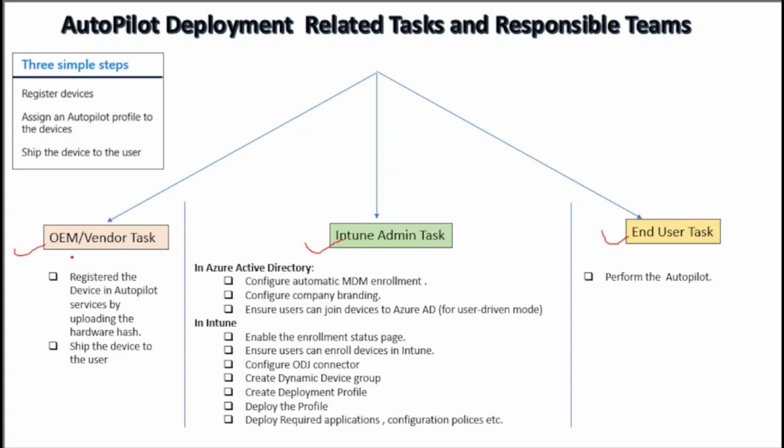With respect to the vendor task, the vendor is going to register the device in the Autopilot service by uploading the hardware hash, and then they are going to ship the device directly to the user. With respect to the end user task, the end user needs to perform the Autopilot. They need to provide the username and password, and then they're good to go with the Autopilot process.